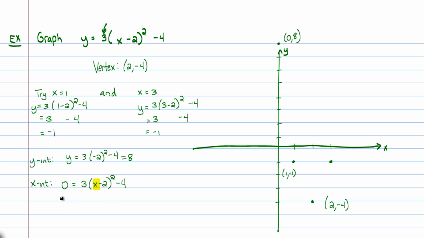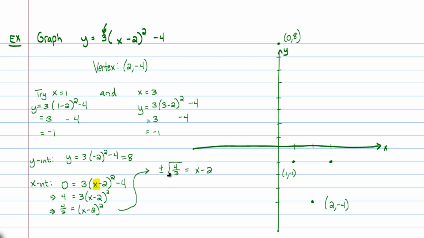Add 4 to both sides. I should write my little implication there. Divide both sides by 3. And I'm going to gain a little extra room by writing over here. Take the square root of both sides. When you take the square root, remember you get the plus or minus. Clean up the left-hand side there.